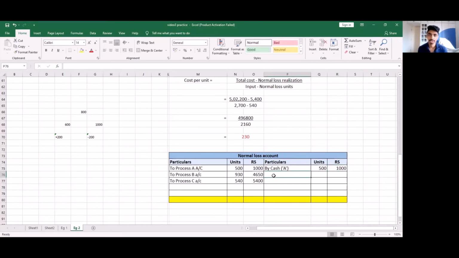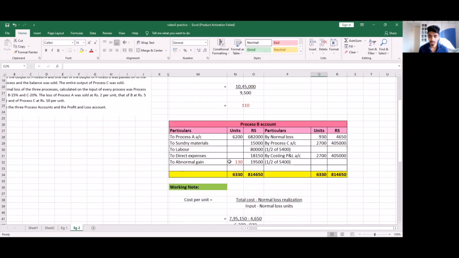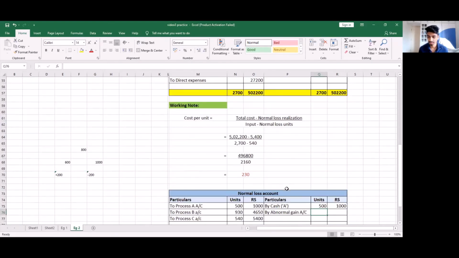Now for process B, you know what to do. Process B is an abnormal gain. So this means that we are not going to get the entire cash because only 600 units are actual scrap and will realize a scrap value. So we have by abnormal gain account, the number of units that will not realize scrap. So in process B, we have an abnormal gain of 130 units.